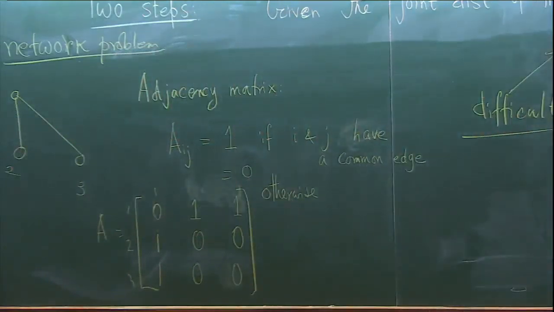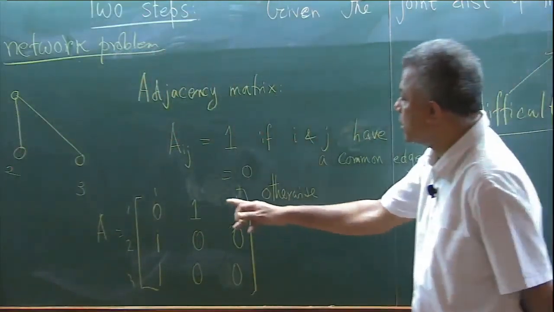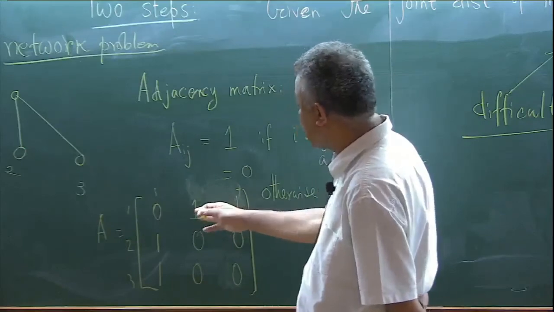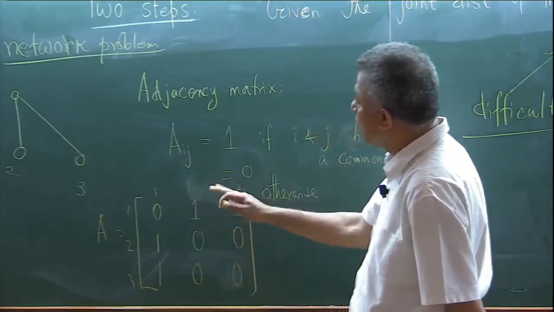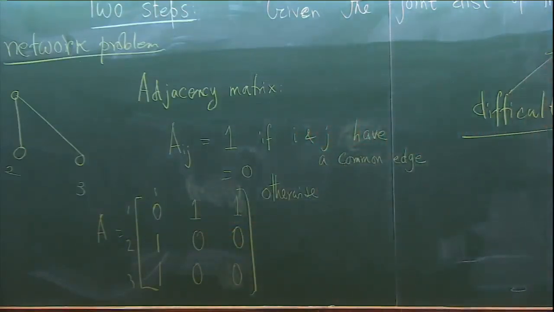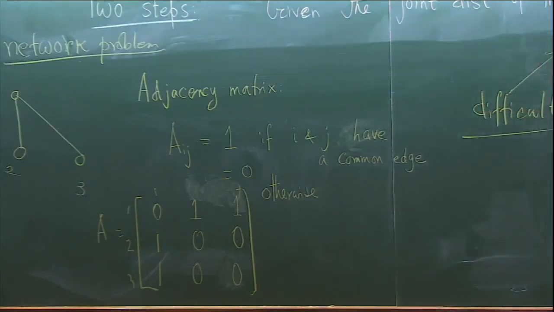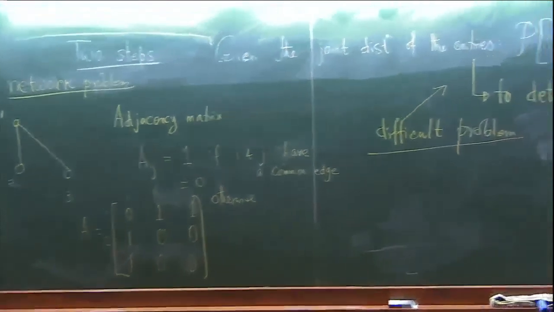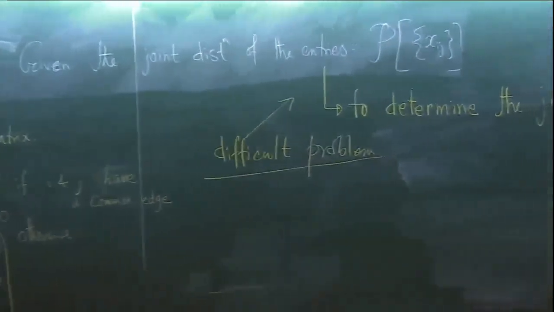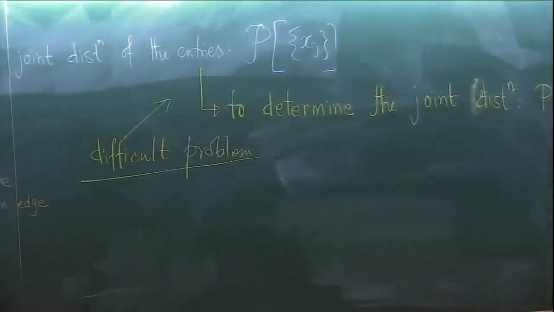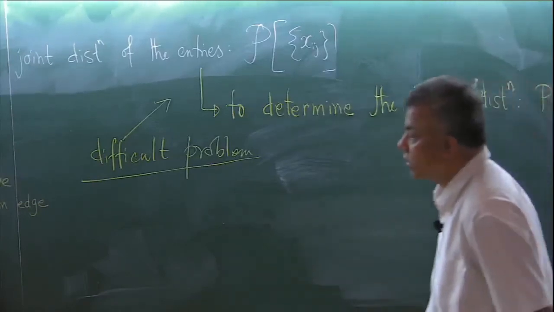These entries are now random variables. The link is either there or not there, so they are Bernoulli variables with some probability. This is called the Erdős-Renyi graph. I ask you, what can I say about the eigenvalues of the adjacency matrix, given the Bernoulli distribution of the entries? Nobody knows the joint distribution of the eigenvalues.